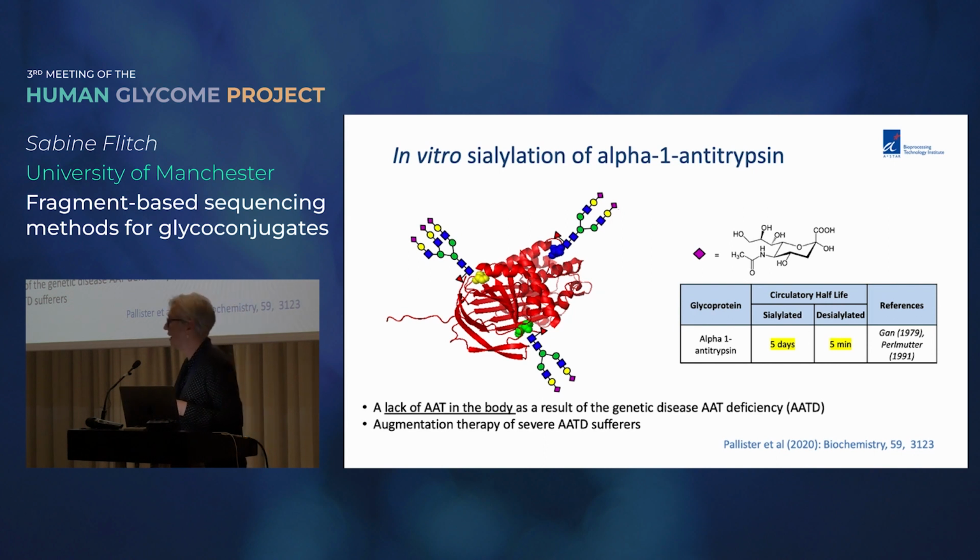glycosylation of alpha-1 antitrypsin. So alpha-1 antitrypsin is a biopharmaceutical. Sialylation is extremely important. From their fermentation procedures, they didn't get very high sialylation. You can see here the sialylated form has a circulatory half-life of 5 days, desialylated only 5 minutes.